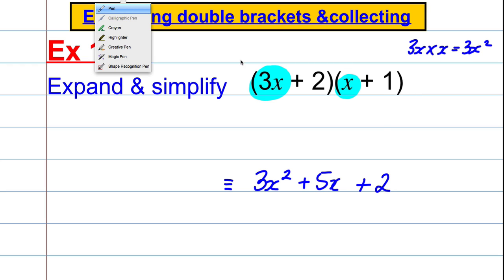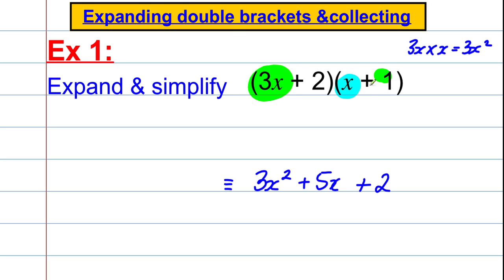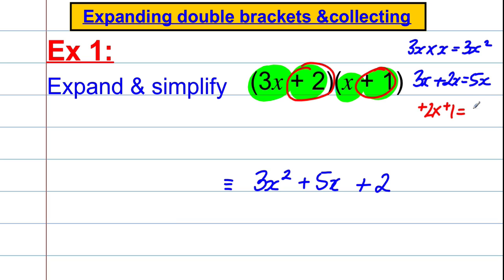Okay, then what you do is you do 3x multiplied by 1 is 3x, and 2 multiplied by the x is 2x, so you would have a 3x and a 2x, which is 5x, and lastly you would do positive 2 multiplied by positive 1, which is 2. Here's my 3x squared, here's my positive 5x, and here's my positive 2. So I could do it in my head if I got really familiar with it.